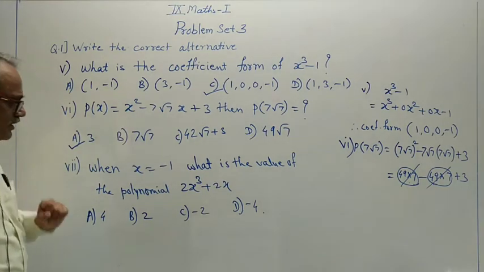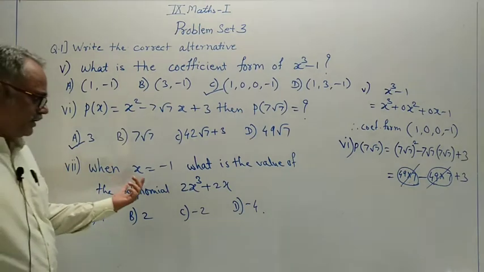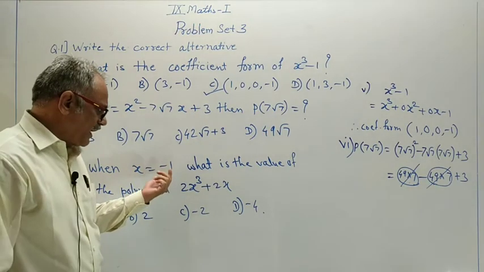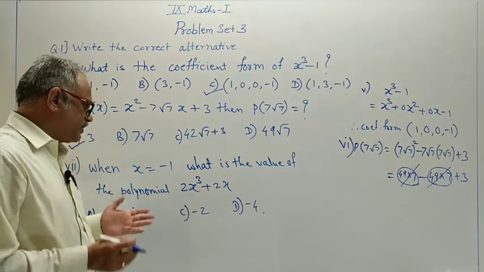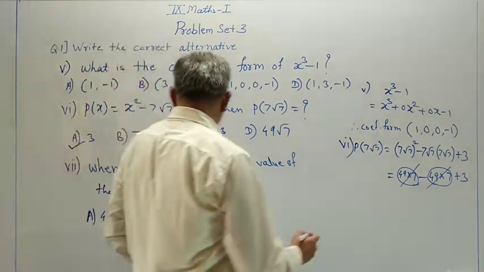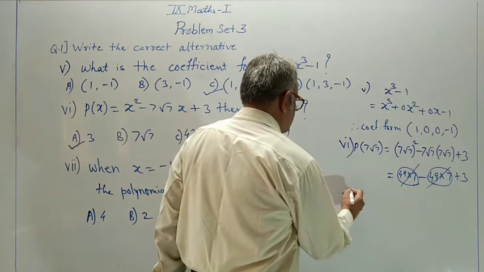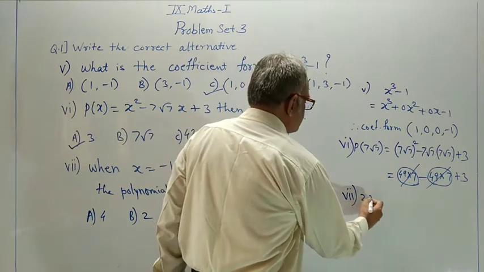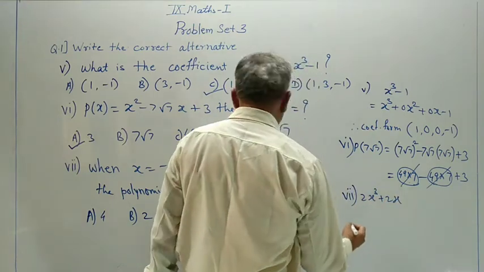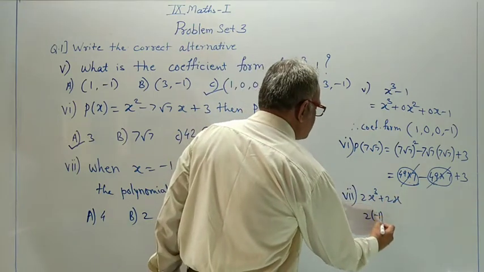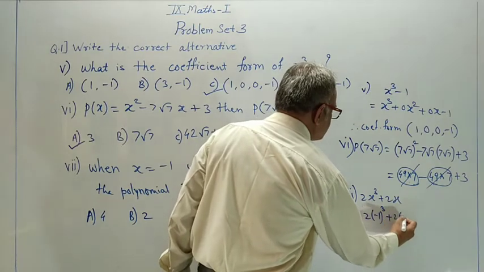And the 7th is very easy. But you have to remember that the cube of a negative number is negative, and the product of a positive and a negative is negative. 7th, rough work: 2x cube plus 2x. When x is minus 1, 2 into minus 1 cube plus 2 into minus 1.